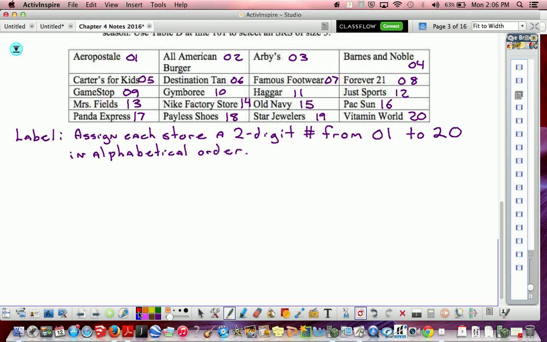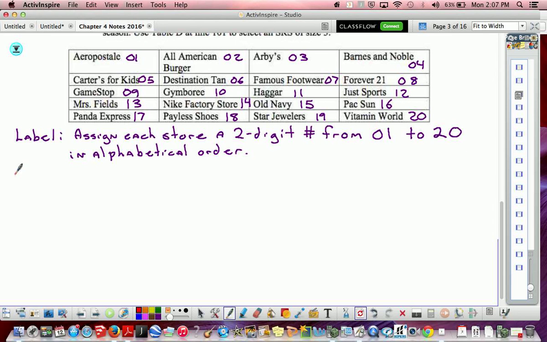Now, we have to describe on the table how we're going to select our values and determine how we're going to get our 3 stores.